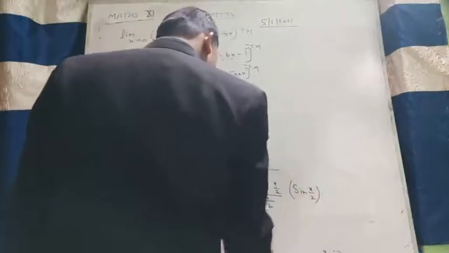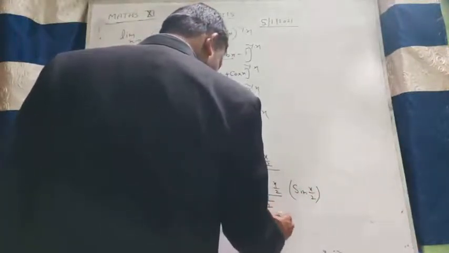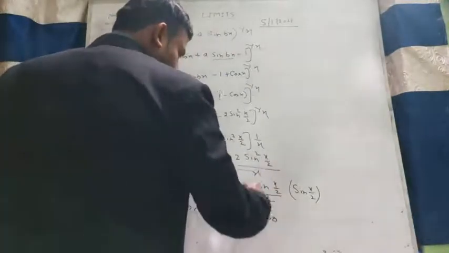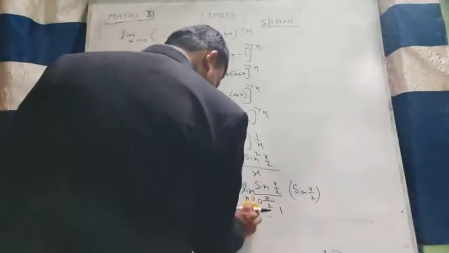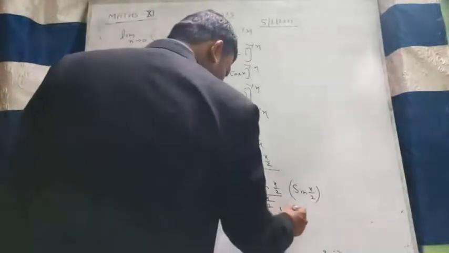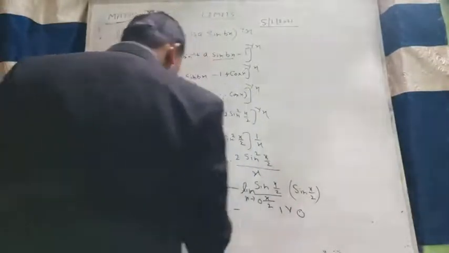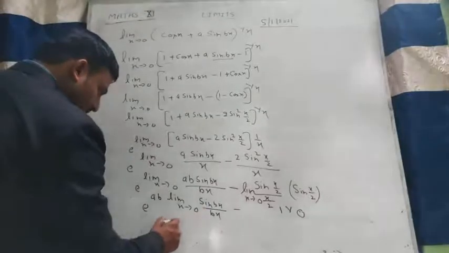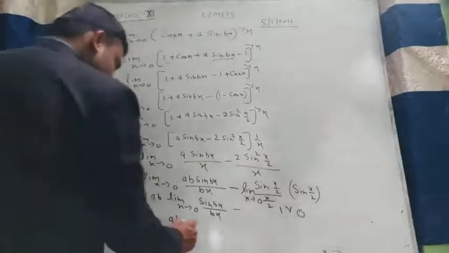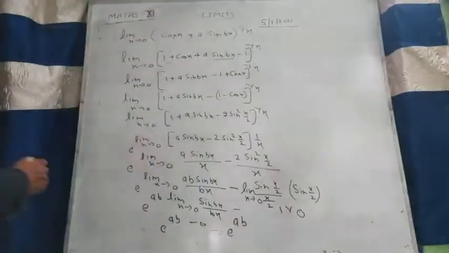So limit x tends to 0, this part is equal to 1 student, and when we are putting the limit x is 0, we get this part is 0 and this is e to the power 1, so it is ab and here is 0, so our result will be e to the power ab. Okay student, I hope you understand.